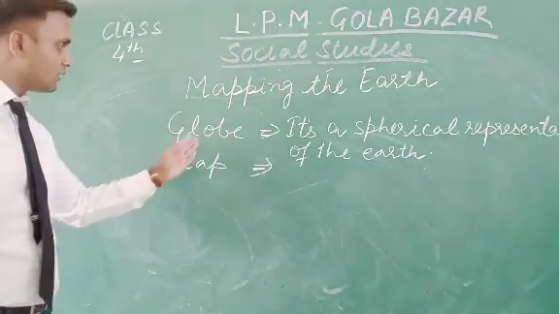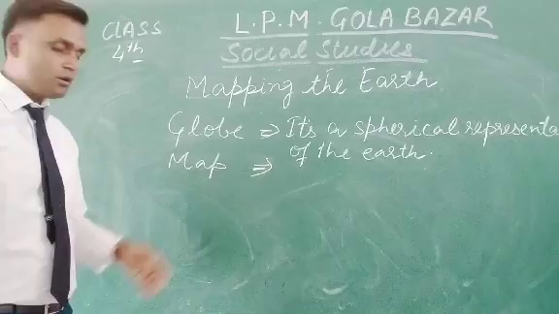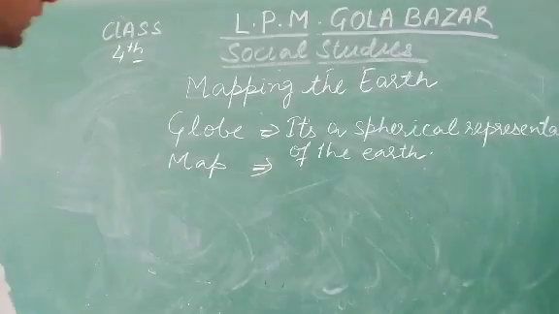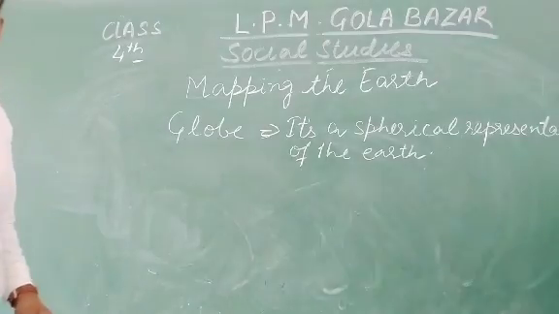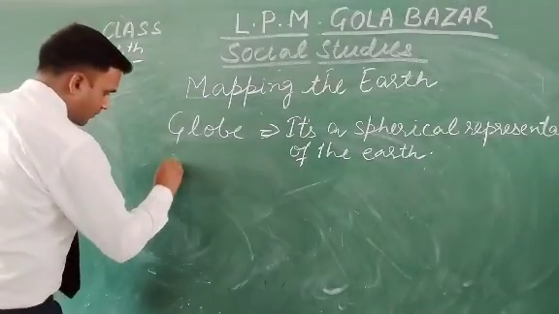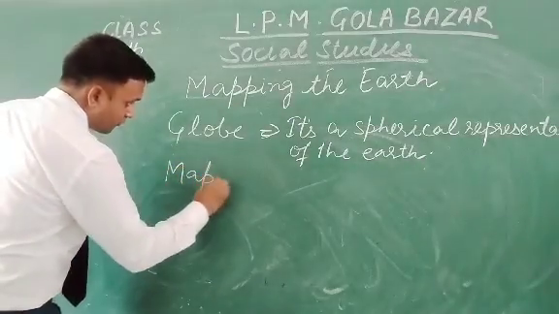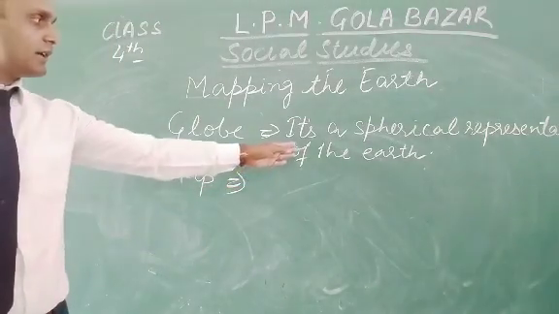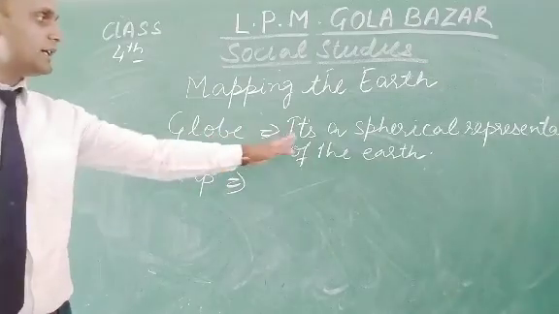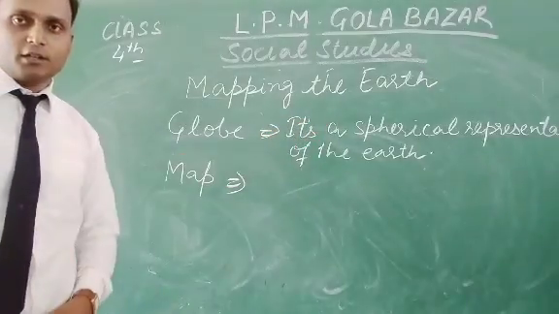This we call a globe. Now, what is a map? You can write this point: globe, it's a spherical representation of the earth.